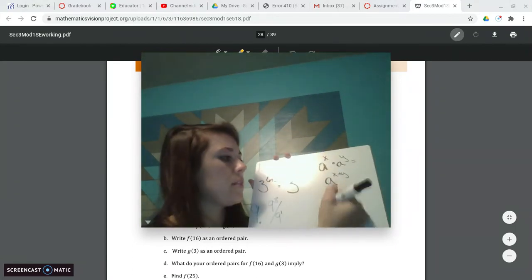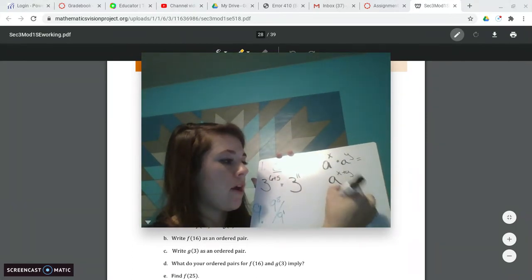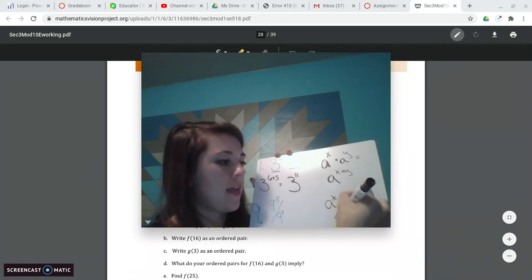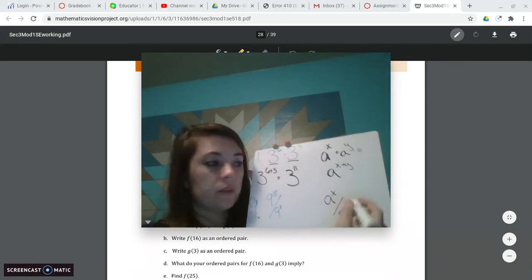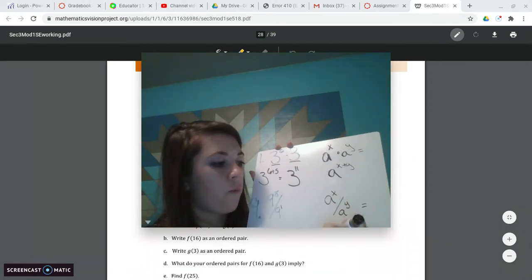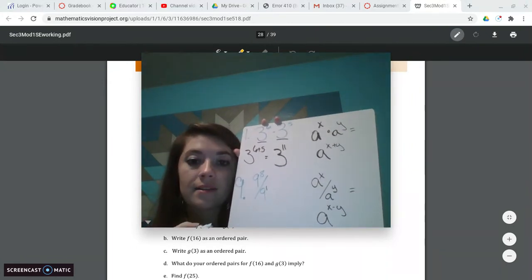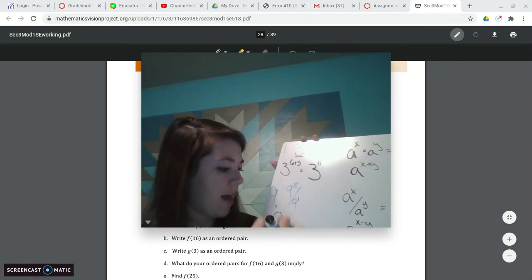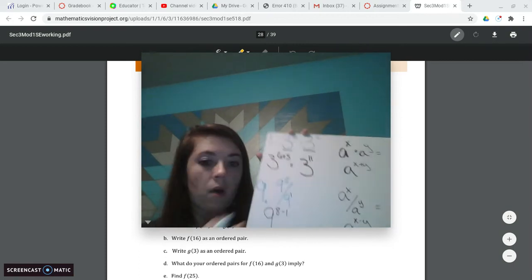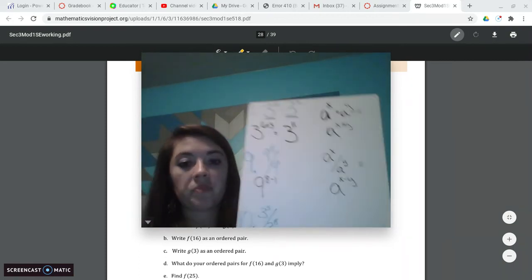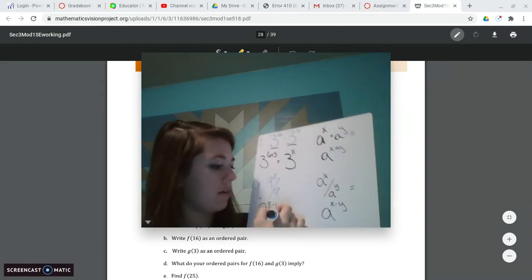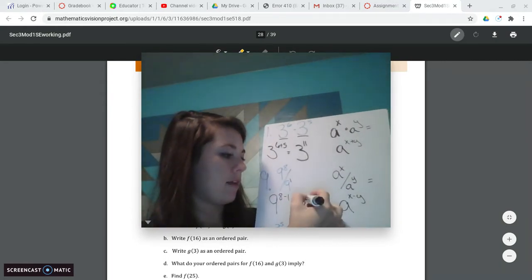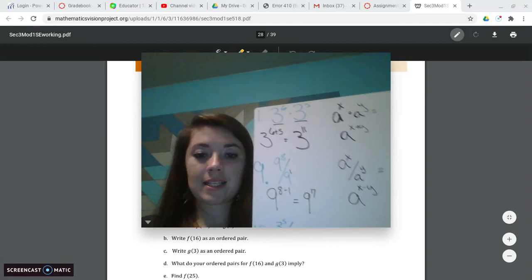So the rule for this is when the base numbers are the same, we subtract the exponents. So we're going to have 9 to the 8 minus 1. Well, 8 minus 1 is 7. So it's 9 to the 7th.